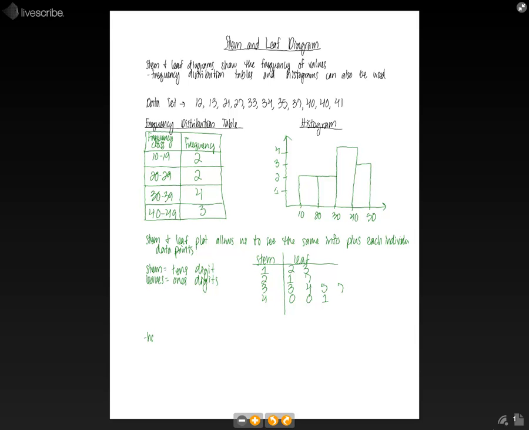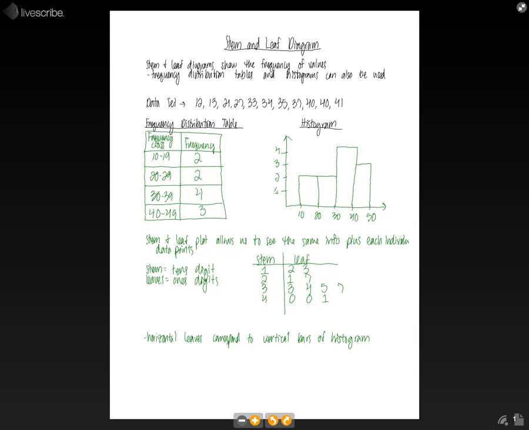It is important to note that the horizontal leaves correspond to the vertical bars of the histogram. That's how those two relate to each other. It's basically flipping it on its side.